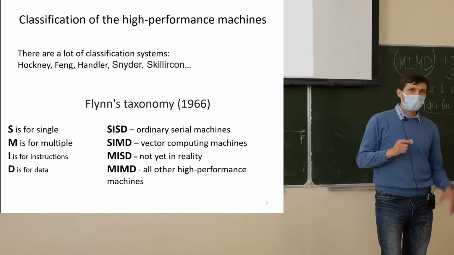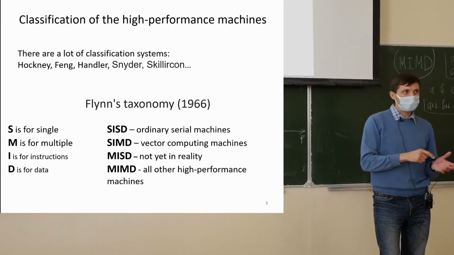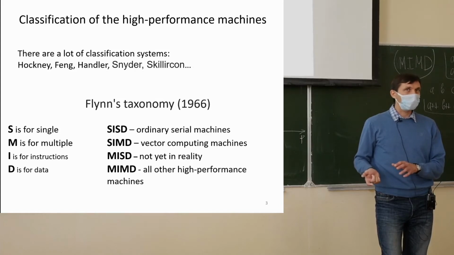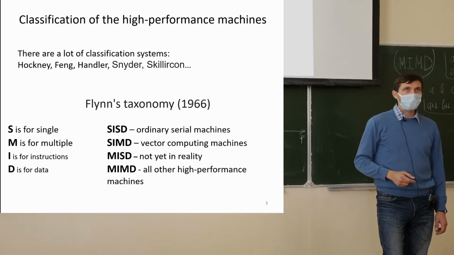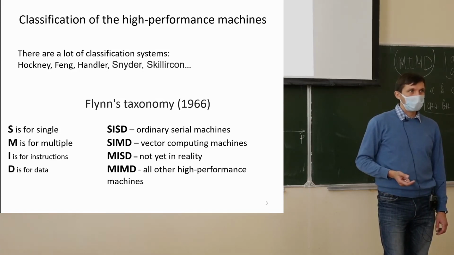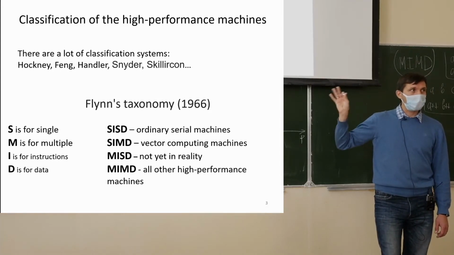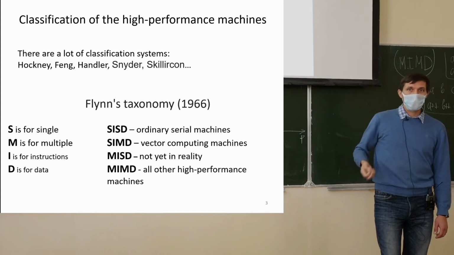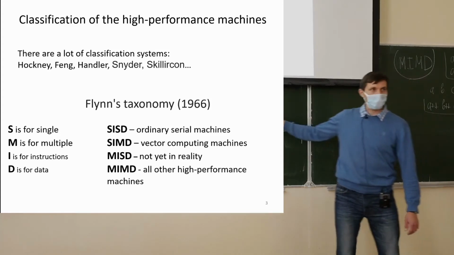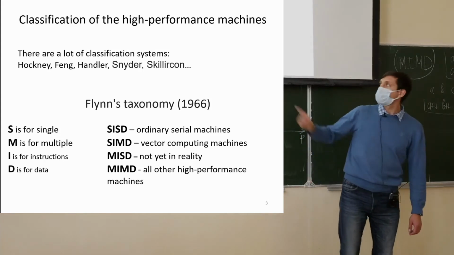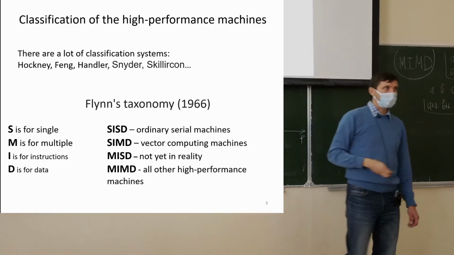One can consider these machines as parallel, others not, so it's under discussion. But they can also give you less time than serial code. But we will deal with MIMD machines, not vector.